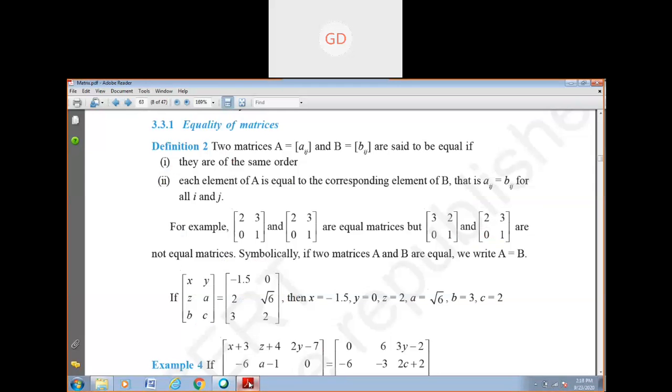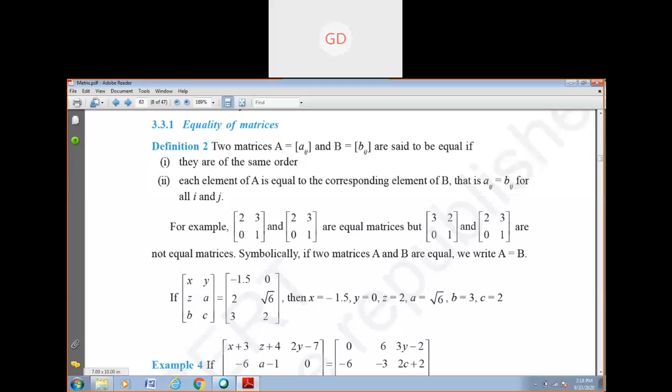So two matrices are said to be equal, first of all, if their orders are same, number one, and number two, every corresponding element of the matrices must be equal.